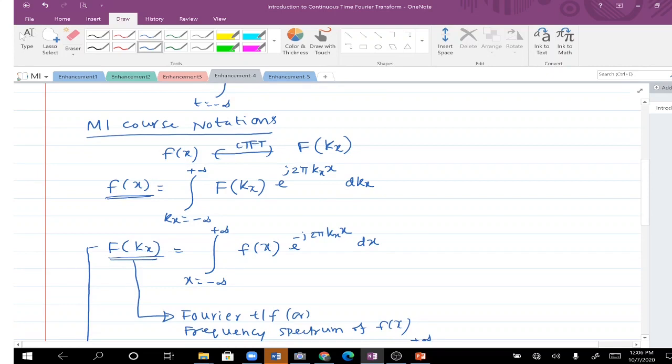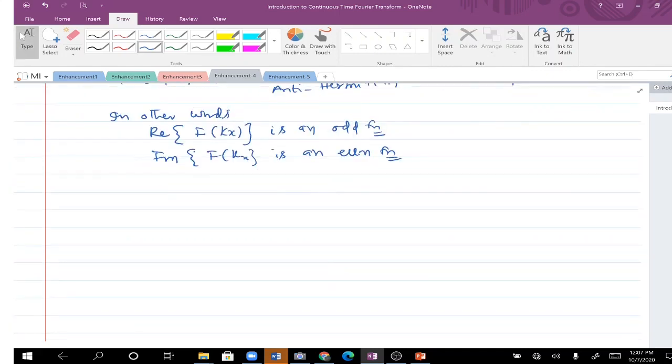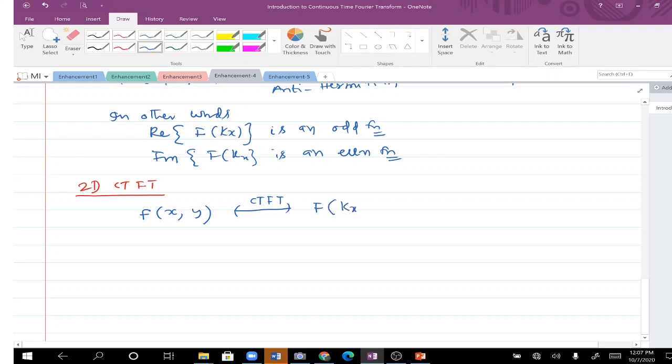Now let's extend it to 2D. So let's write the 2D continuous time Fourier transform now. Two-dimensional CTFT is what we are going to write here, the definitions of it. Now it's a two-dimensional function, so instead of f of x, from now on I would be writing it as f of x comma y, and the continuous time Fourier transform we would refer to as capital F of kx comma ky, the frequencies in the x and y directions.